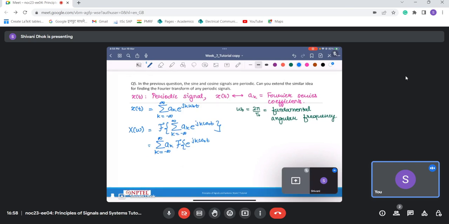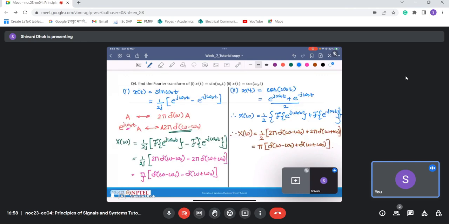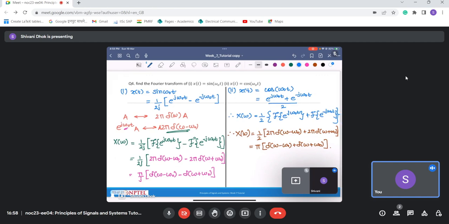This is the synthesis equation and not the analysis equation. Fourier transform of e power j k omega naught t, and again we'll use this definition here. So e power j omega naught t will have Fourier transform as 2 pi delta omega minus omega naught.